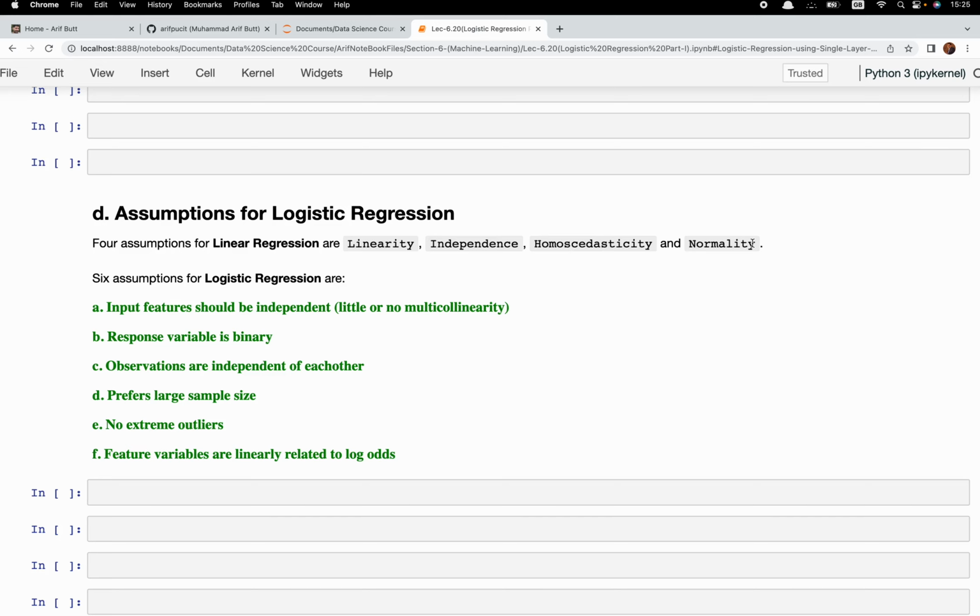In contrast, logistic regression does not require a linear relationship between input features and output label, does not require homoscedasticity, that is the residuals to have constant variance, does not require normality, that is residuals to be normally distributed.